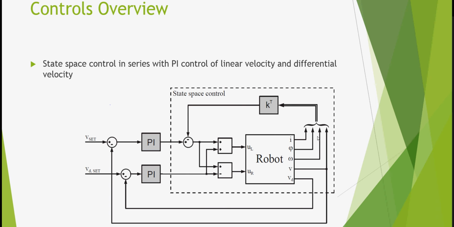Phi, omega, and V are fed back and multiplied by feedback coefficients or gains, and then go back to be summed as feedback with the two PI controllers. So that's pretty much it for the controls.